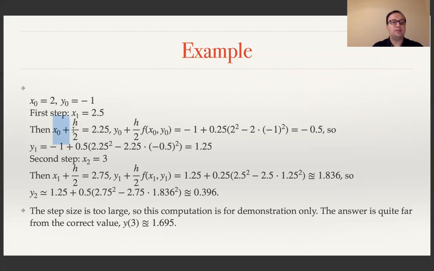First, I'll compute x_0 plus h over 2, which is 2.25, and y_0 plus h over 2 times f of x_0 and y_0, which is minus 1 plus, since h over 2 is 0.25, plus 0.25 times 2 squared minus 2 times minus 1 squared, and I get minus 0.5.